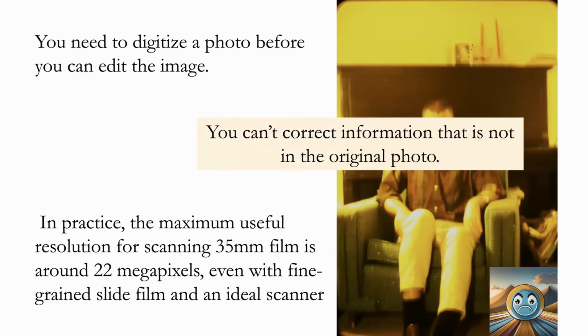So the bottom line of what we're talking about here is that you can't correct information that's not in the original photograph. If it was lost when the photograph was taken, or it was not recorded properly, as with a blurry image, then you've lost that information. It's just not there.